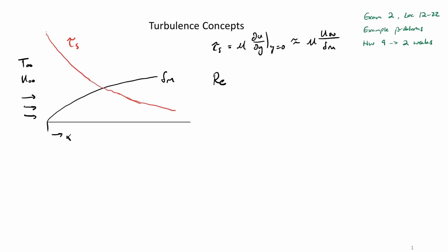So if we remember, there's this definition of Reynolds number. Reynolds number is defined as some characteristic velocity times characteristic length L times rho, divided by mu.